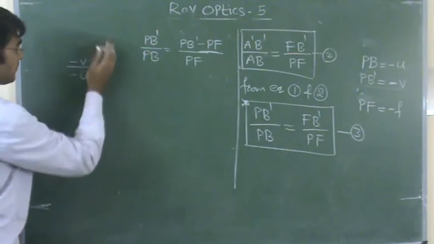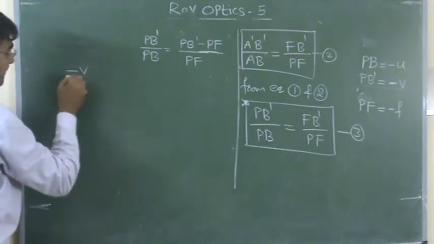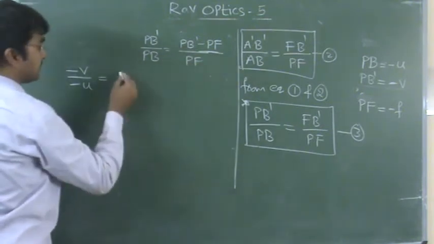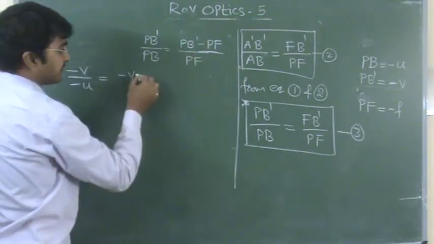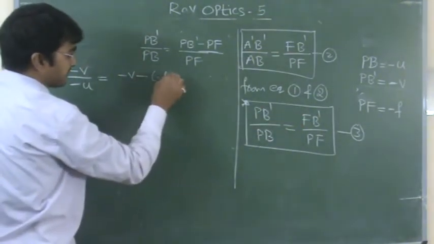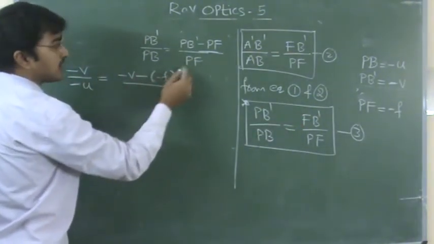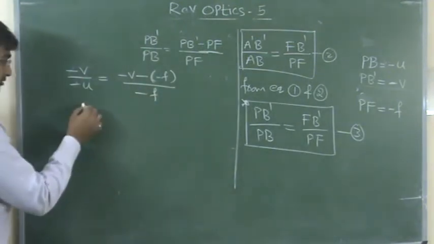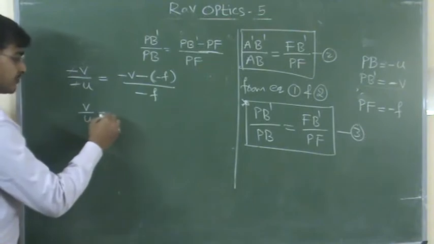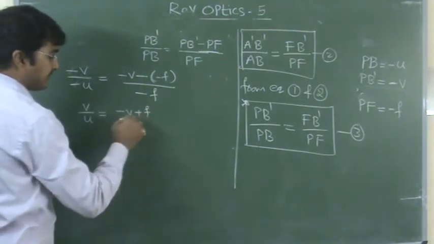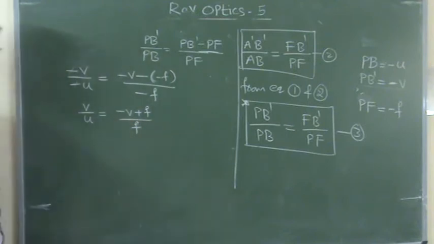Minus U. This is equal to PB dash minus V, PF. So the PF value is minus F, minus of minus F, and PF is minus F. Then it gets cancelled. So V by U is equal to minus V plus F divided by F.